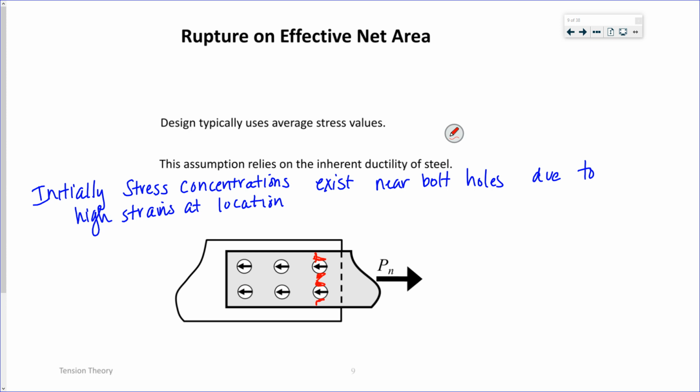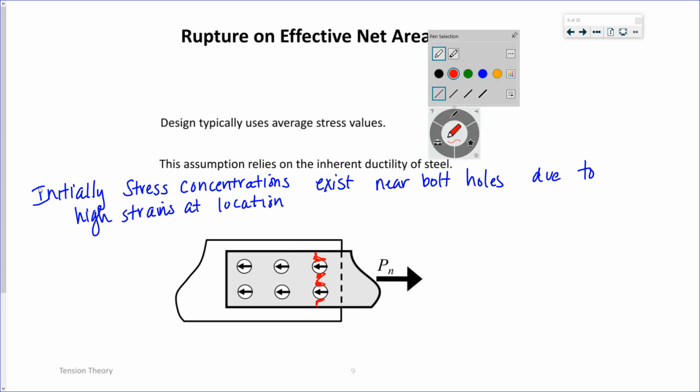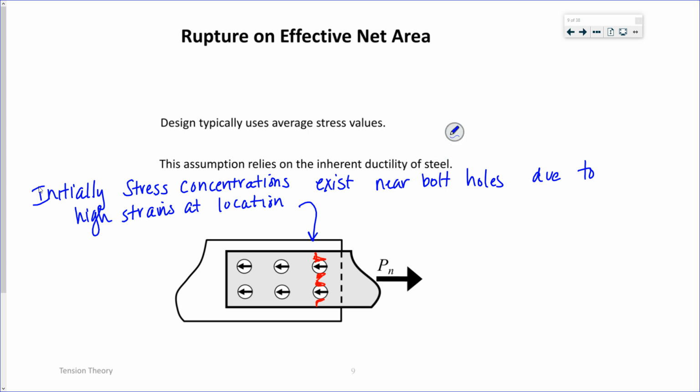This is my stresses. That means if there's stress concentrations, the steel near the bolt holes is going to yield first.